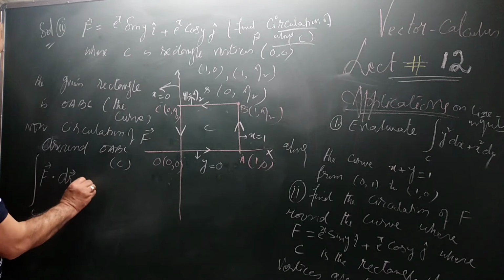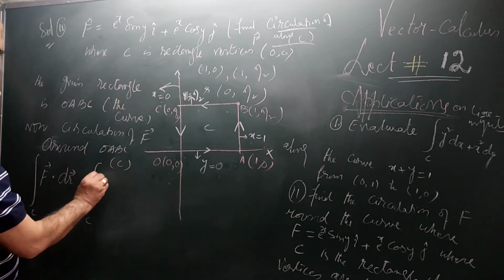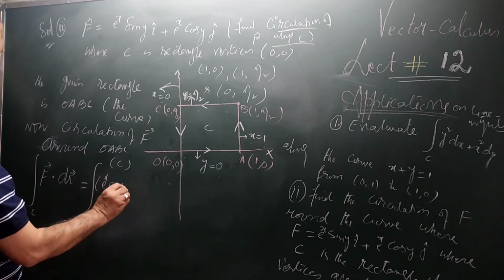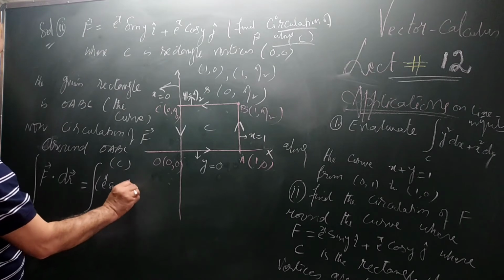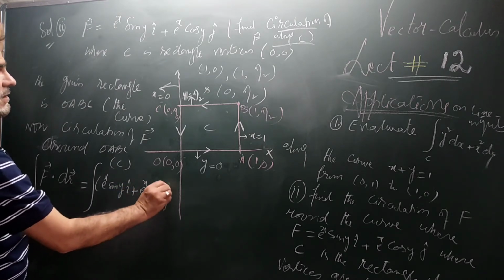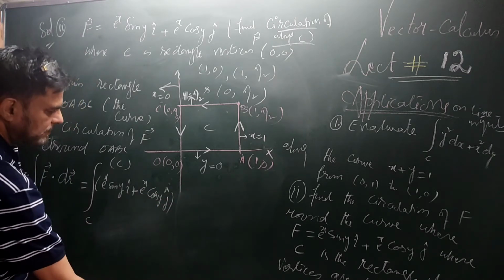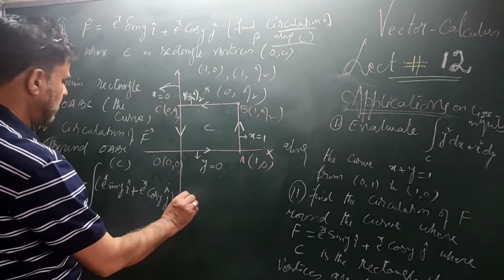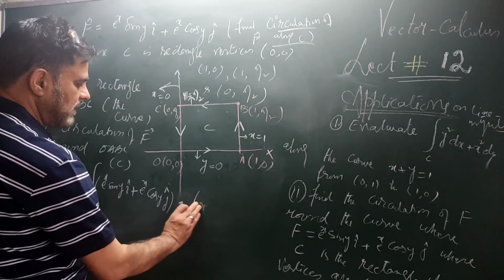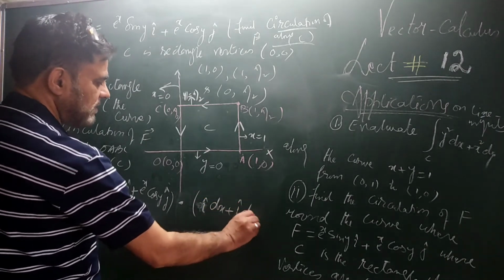Well, you will write it as usual. What is your F? e raised to power x sin y i plus e raised to power x cos y j, dot dr, which is i dx plus j dy.